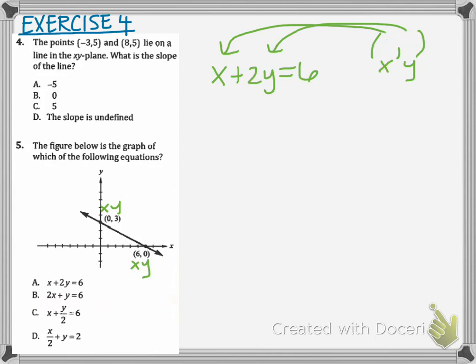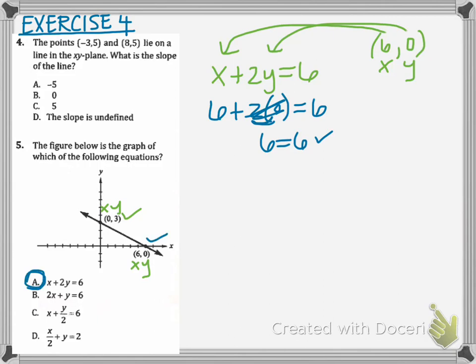Let's switch out these numbers for 6 and 0. I'm going to make sure that this point also works. I know the first point works. So when I replace the second point in, for my x, I'm going to have 6 plus 2 times, for my y, 0 equals 6. Simplify. 2 times 0 is 0, so this is gone. So 6 equals 6. That is also true. So this point also makes that equation true, so that means A is my answer.